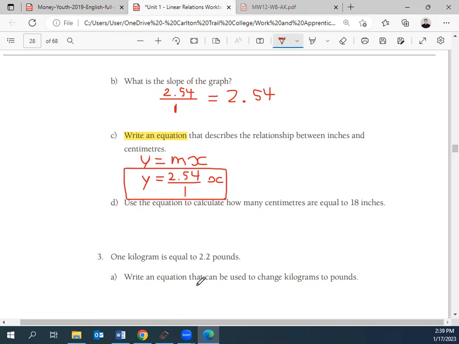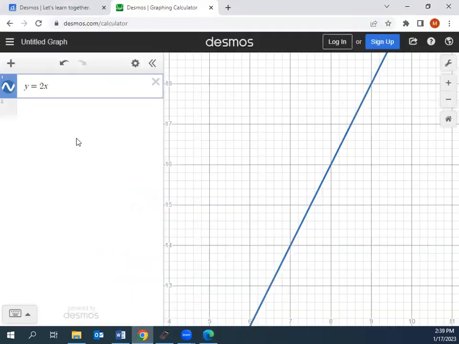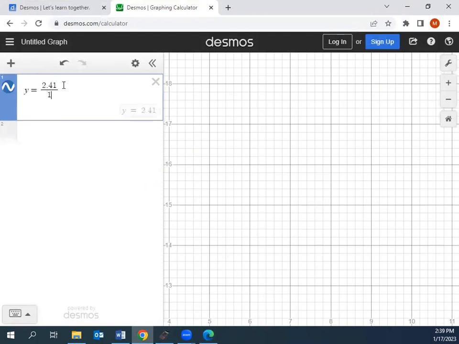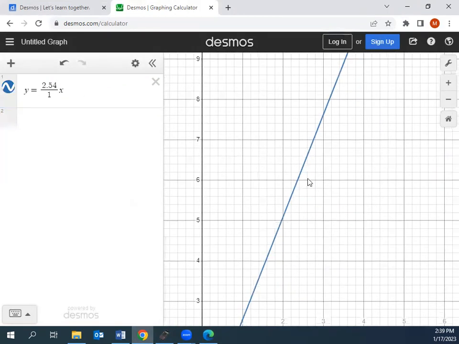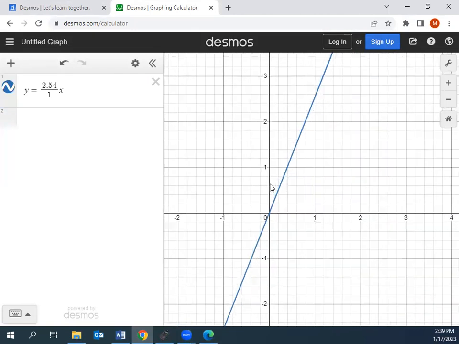So I'll come back to this in a second, but same thing. If I were to take that, y equals 2.54x, this is the equation that it makes here.